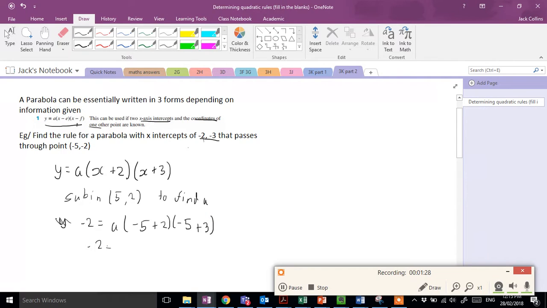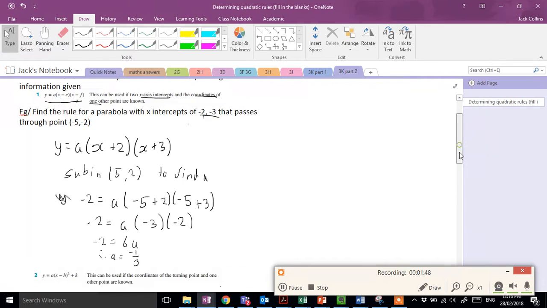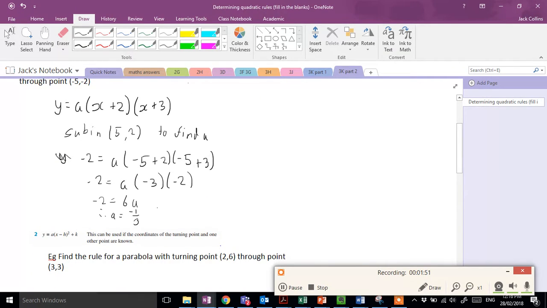Simplifying that down, 2 is equal to a outside of -3 times by -2. 2 is equal to 6a, therefore a is equal to 1/3, simplifying down. Okay, so therefore the rule is y is equal to a third outside of (x + 2)(x + 3). So given that form, you've been able to find the rule for that parabola.